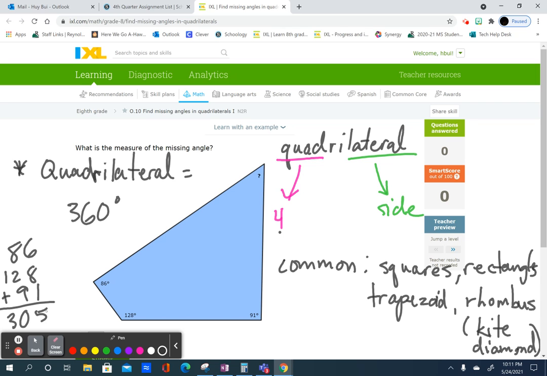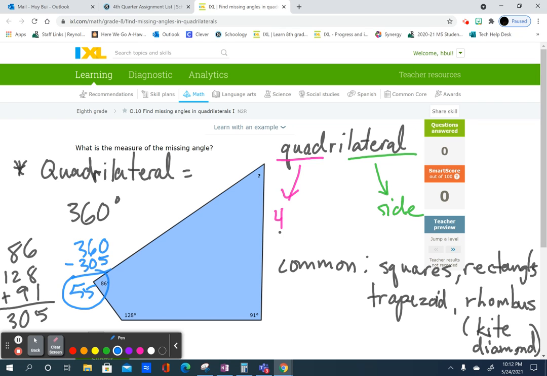So we know that the quadrilateral has 360 degrees. So now we're going to do 360 minus 305, and that's just a straight up 55. I know that because 305 plus 55 is 360. So the missing angle is 55.